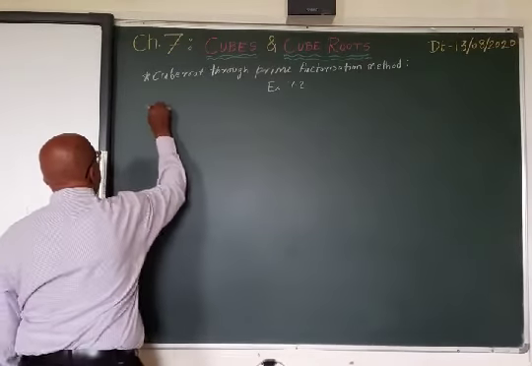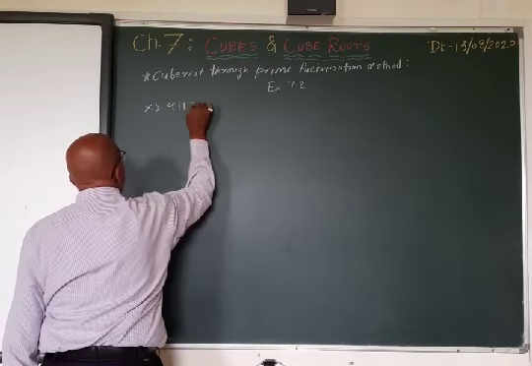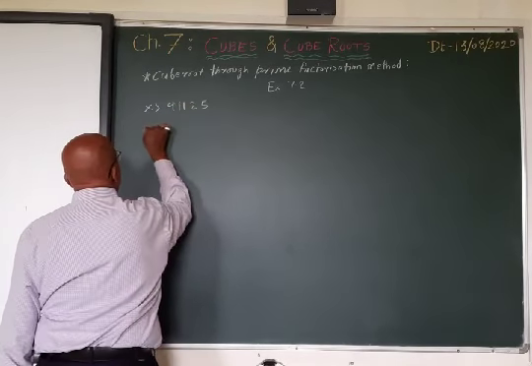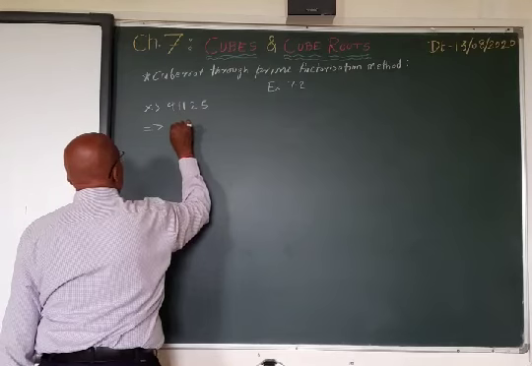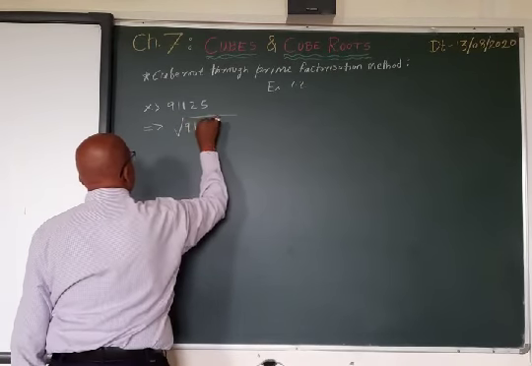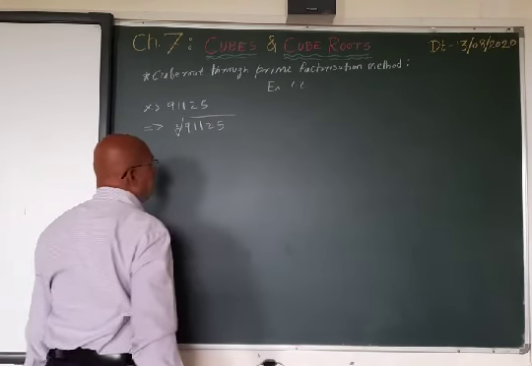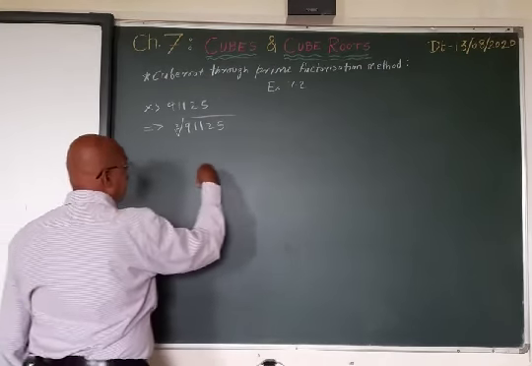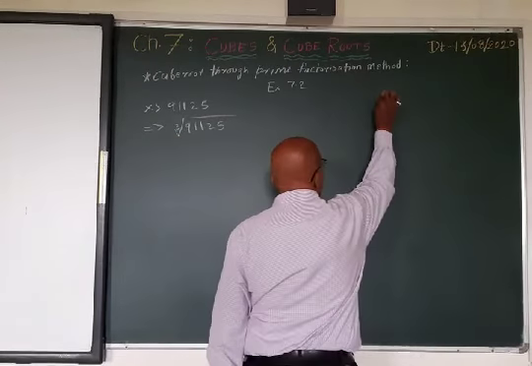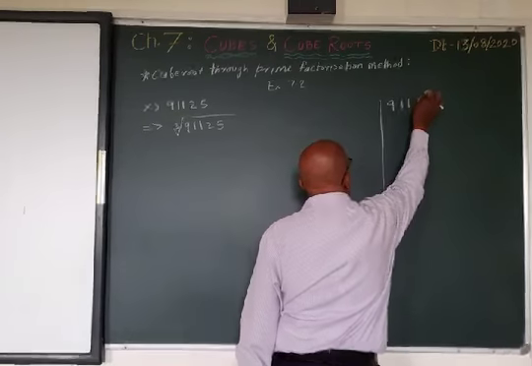Cube root of 91125. So again by the prime factorization method.